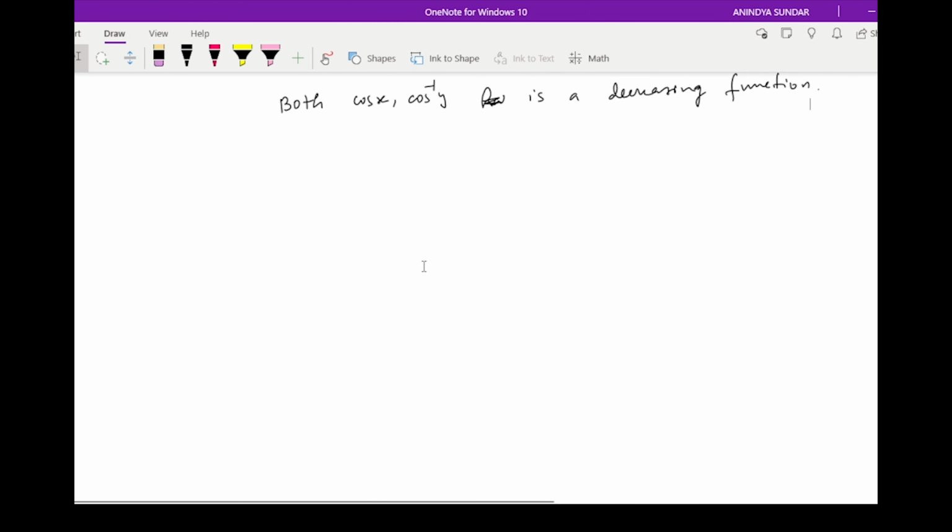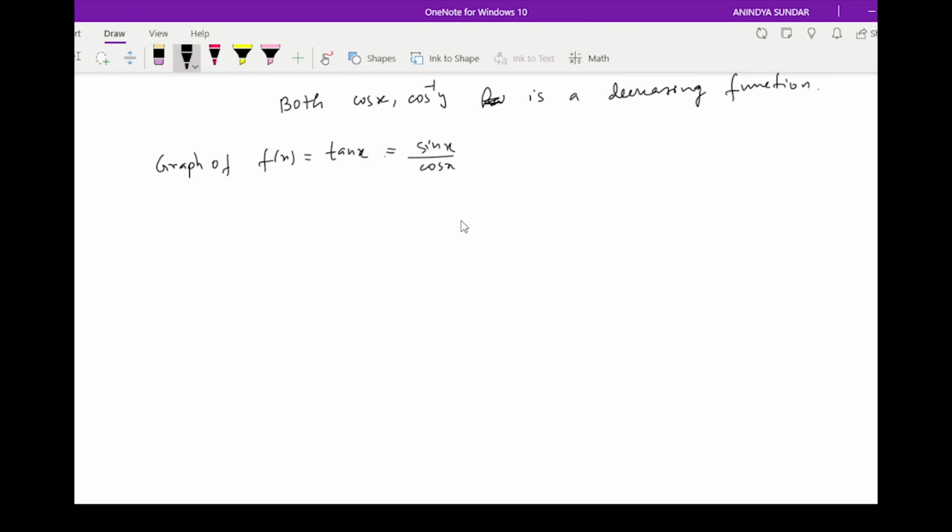Now similarly for tan also, if I try to draw the graph of tan x, how to draw? Tan x can also be written as sin x by cos x.